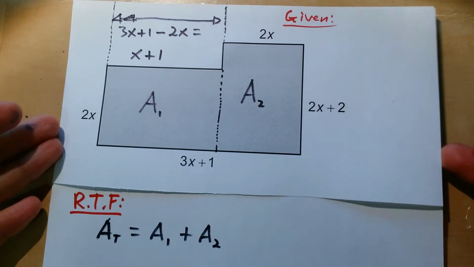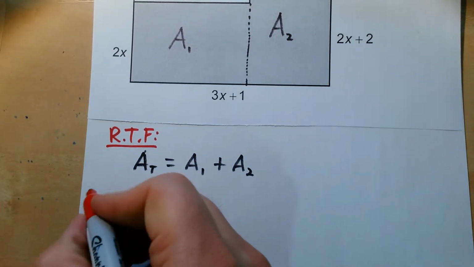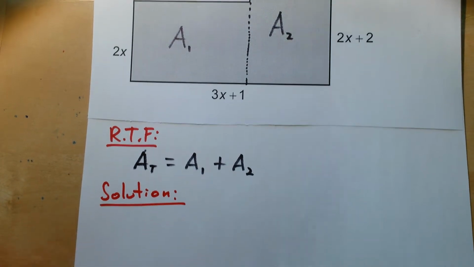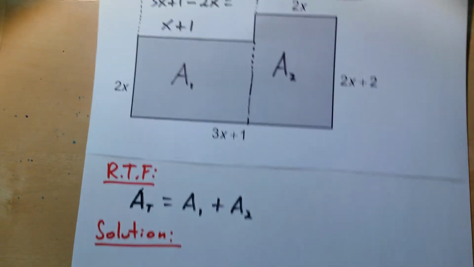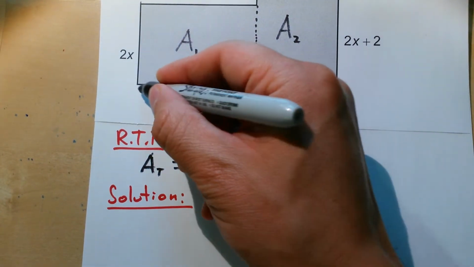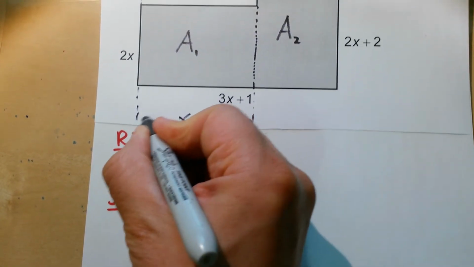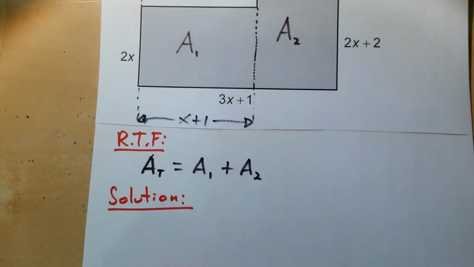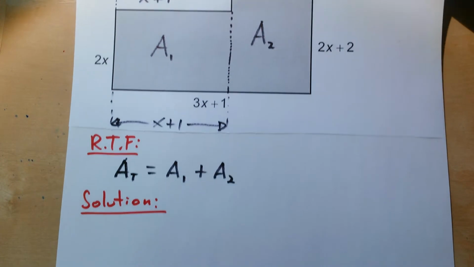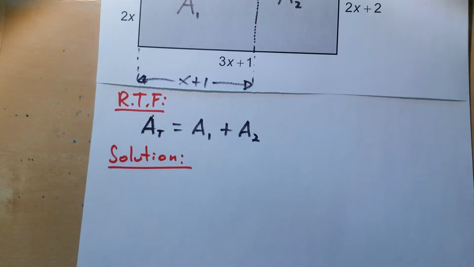Now that we have our data, let's start developing our solution. So let's put here solution. Just so that we can see the length from here to here, I am simply going to say that x plus 1 is this from here to there. Okay, so let's start substituting our values.